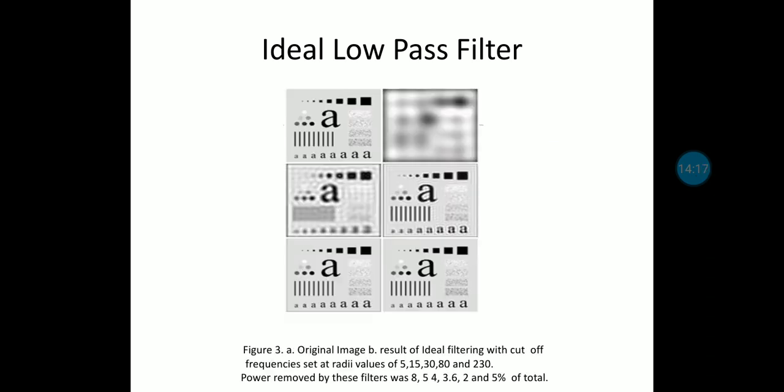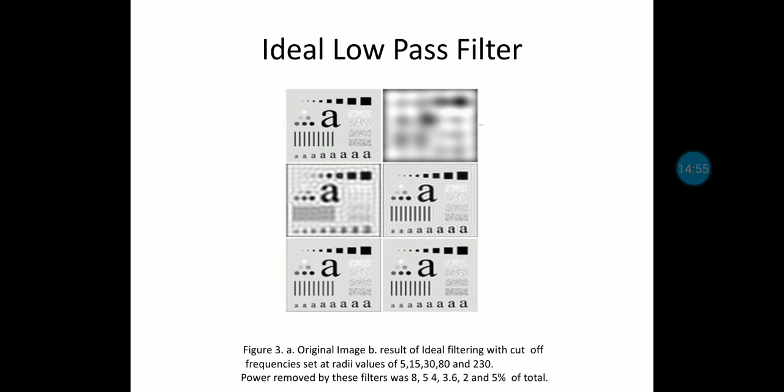In the next picture, we are able to see the clear difference. The ideal filter has cutoff frequencies set at radii 5, 15, 30, 80 and 230, and the power removed by them is 8, 5.4, 3.6, 2 and 0.5%, isn't it? So we can see the difference between the original image and the successive images, with the power removed by the ideal low pass filter.